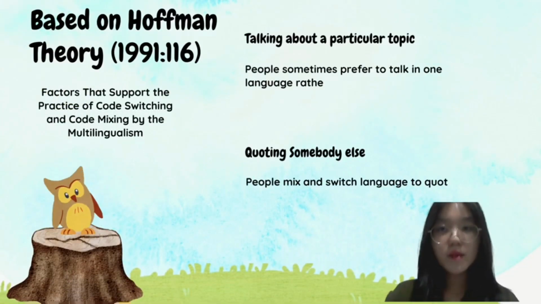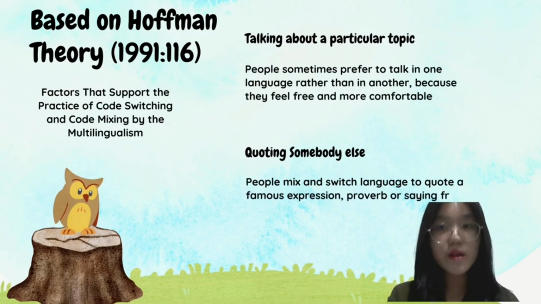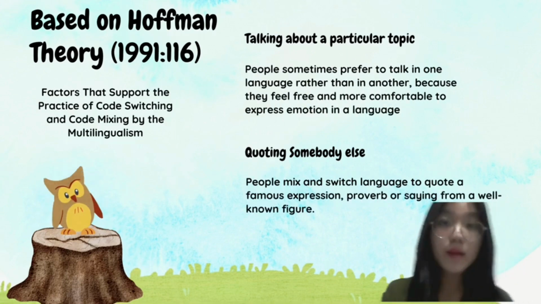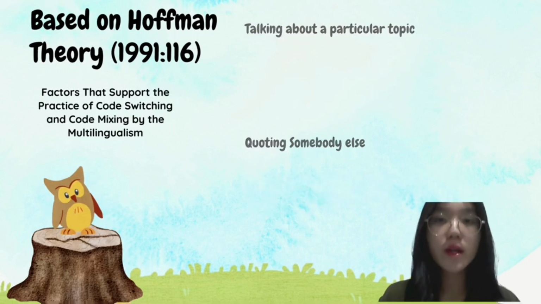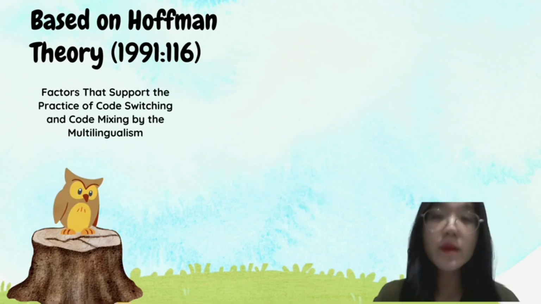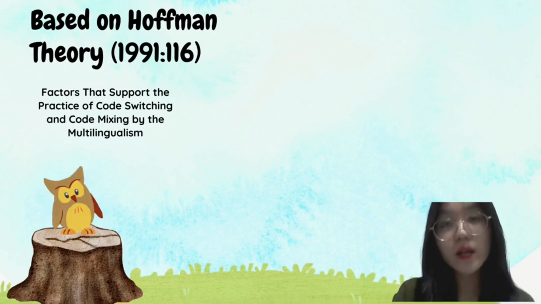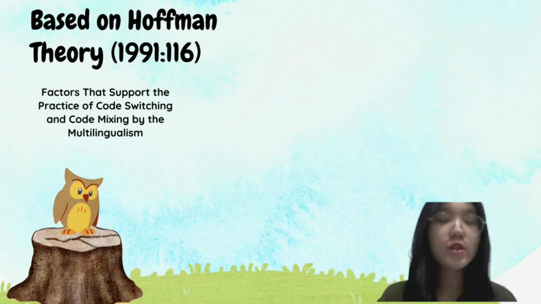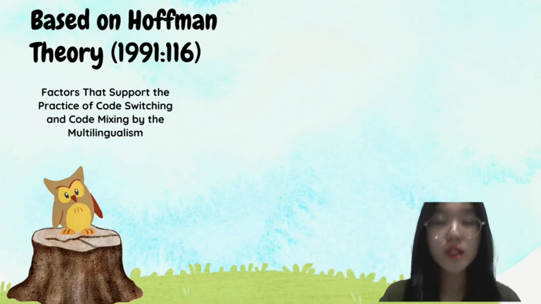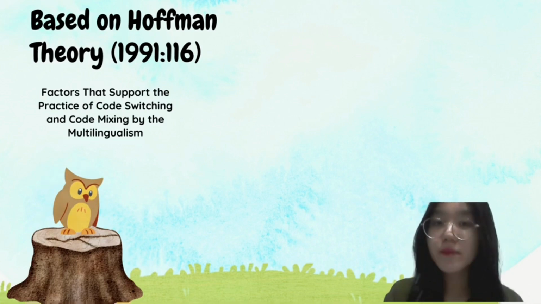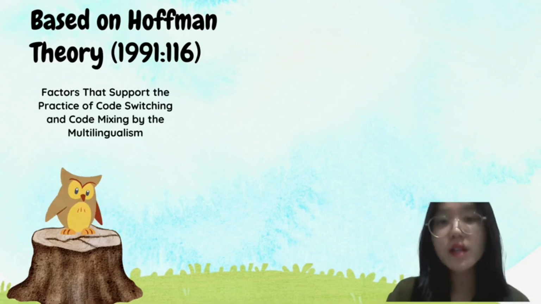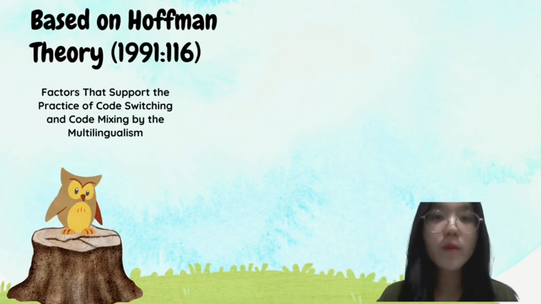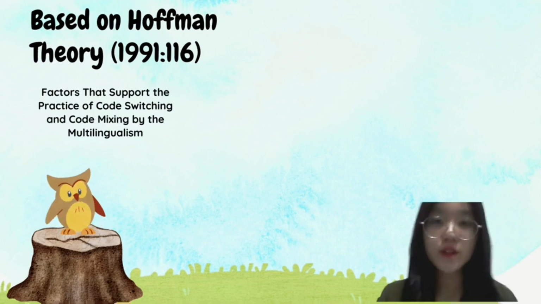Next topic is about factors that support the practice of code switching and code mixing by multilinguals. The first factor is talking about a particular topic. People sometimes prefer to talk in one language rather than another to express their emotion more. The second is quoting somebody else. People mix and switch language to quote a famous expression like a proverb or saying from a well-known figure.